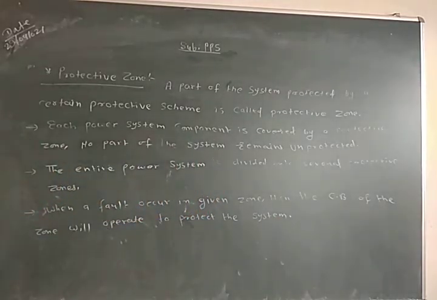So simply we can say that in protection zones, each component of the power system is provided a separate protective zone, and when a fault occurs in that zone, then the circuit breaker of that zone will operate to protect the system or component.